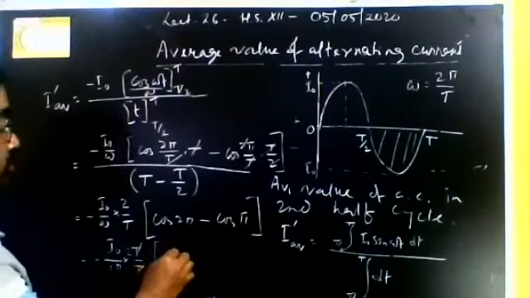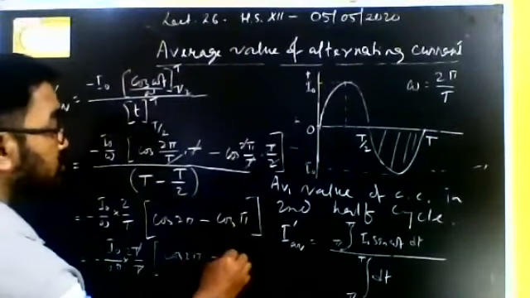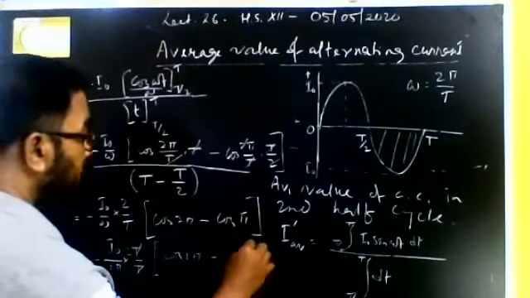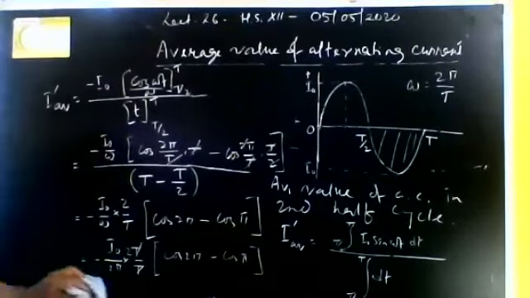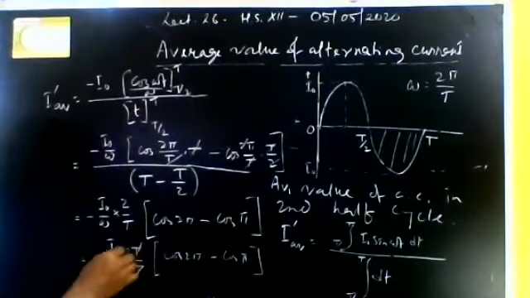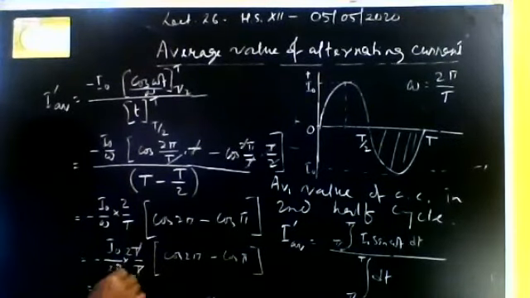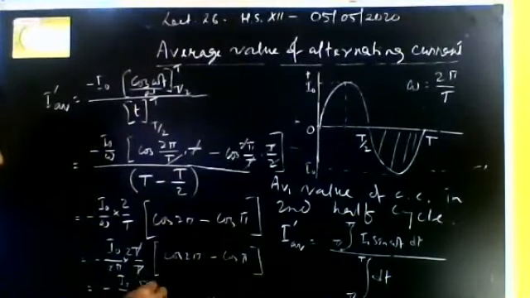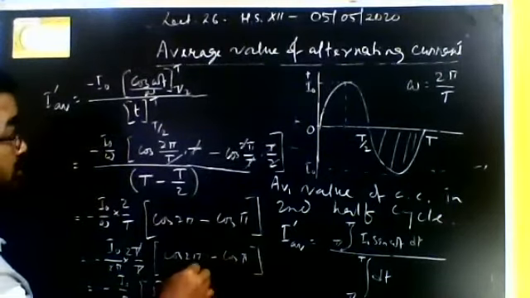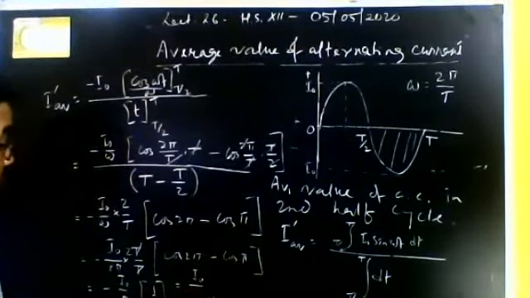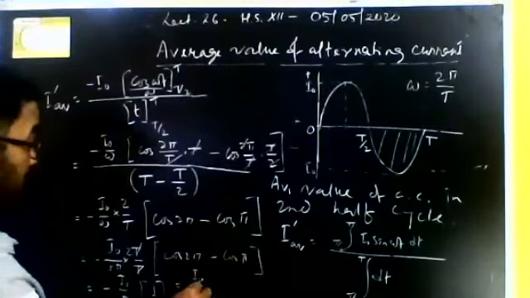So cos 2π minus cos π. Okay. So in this way you can find the value. 2 will be cancelled. So minus I naught by π. After putting the values, you will get 1. Okay, this will be equal to I naught by π.